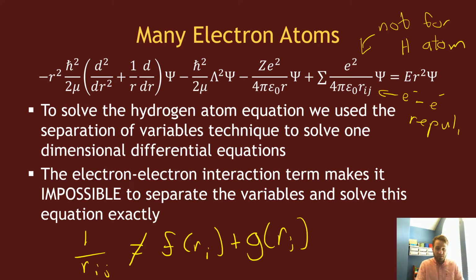This is true for any atom or molecule that has more than one electron. Kind of a bummer, because most everything has more than one electron. So we have to use some type of approximation for our wave function in order to solve this.